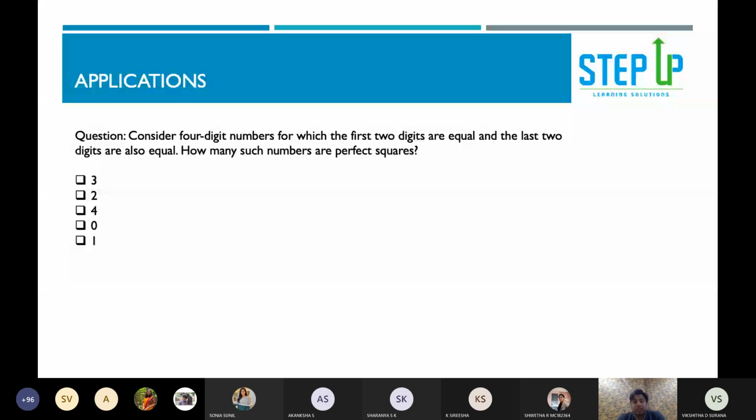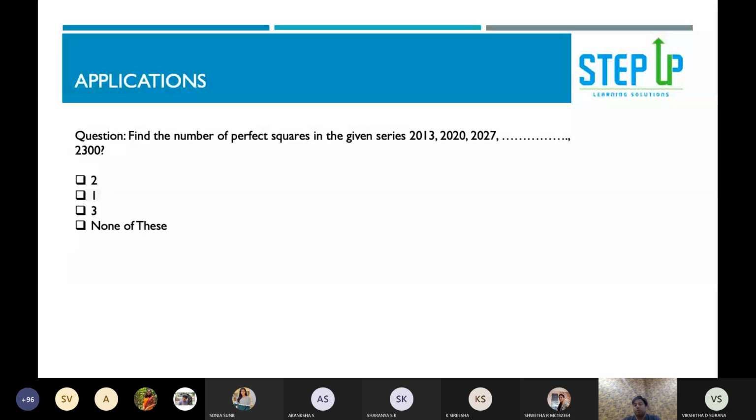This is a question that I found while surfing, from one of the companies setting their placement paper. The question is: find the number of perfect squares in the given series 2013, 2020, 2027 up to 2300.